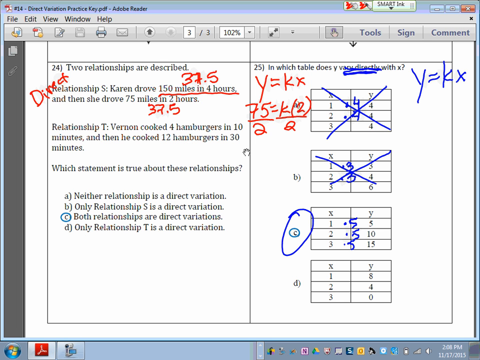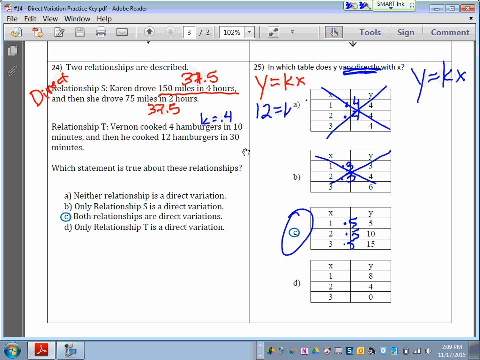Alright, the next one. We have to do the same thing. We have to decide if relationship T is a direct variation. So 4 hamburgers in 10 minutes, and I get 0.4 for my K value. So here K equals 0.4. Let's see if it's the same for the next one. 12 hamburgers in 30 minutes.